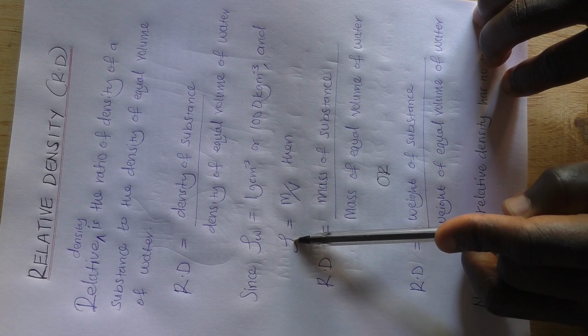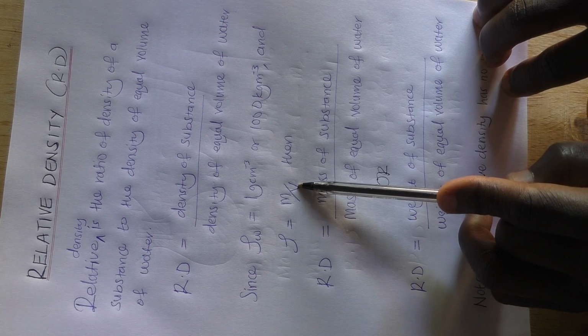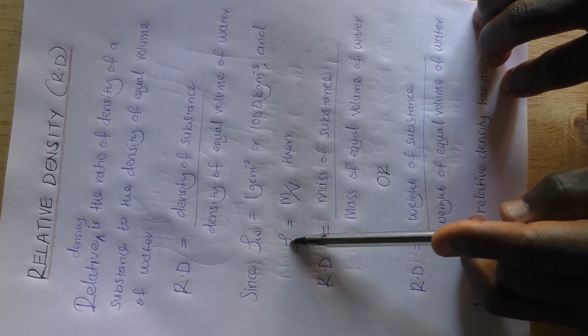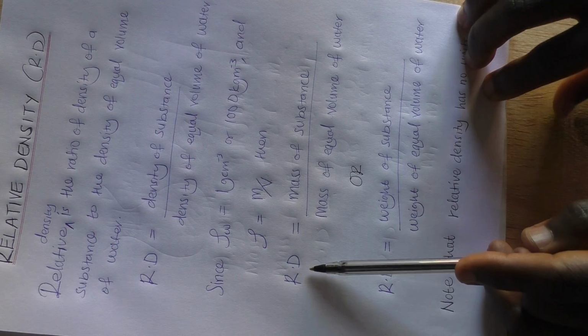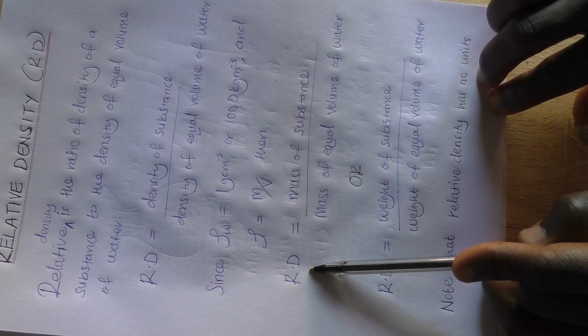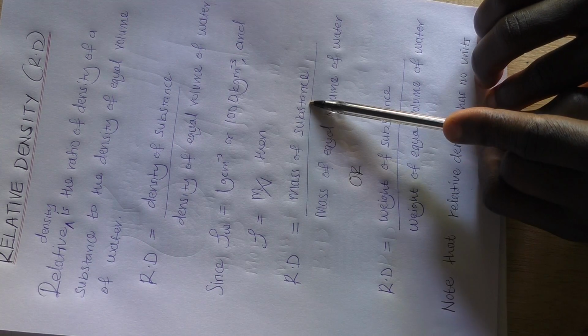Using the formula density equals mass over volume, we can get relative density as mass of the substance over mass of equal volume of water.